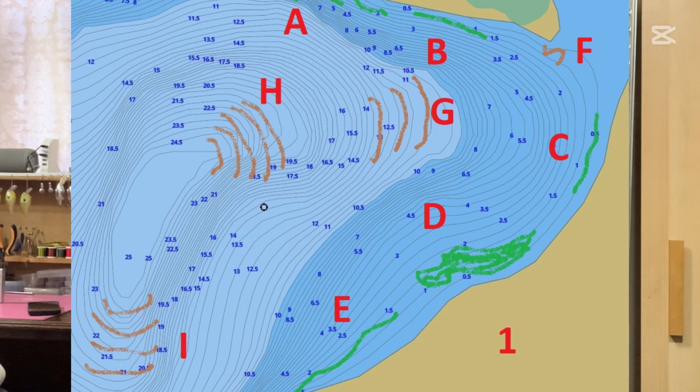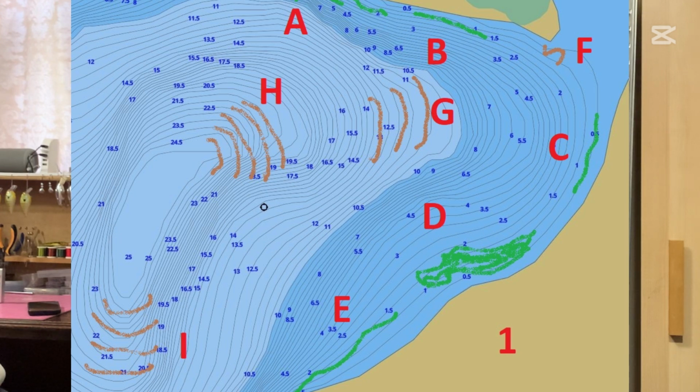Although it's not a strong wind, the wind is blowing into them, which will increase fish activity in those areas. And then as the day progresses and the sun climbs higher and higher, I can slide out from those shallow water areas A, B, C, D, and E.